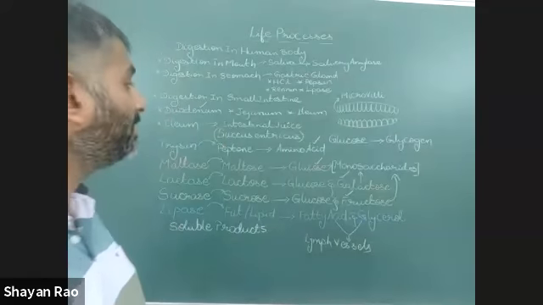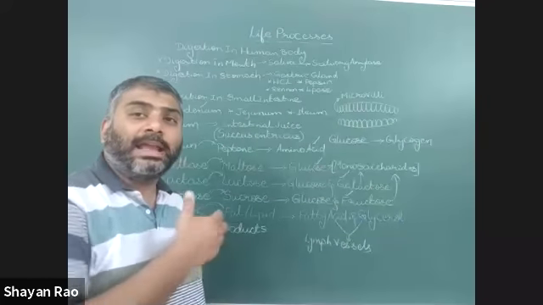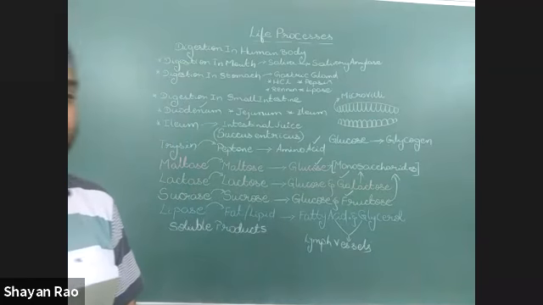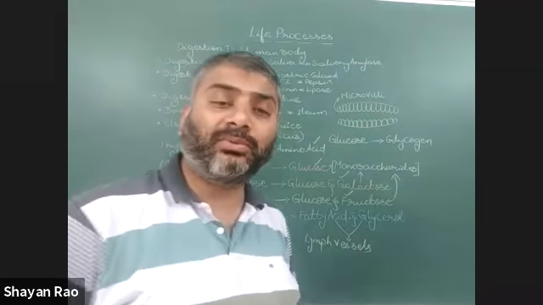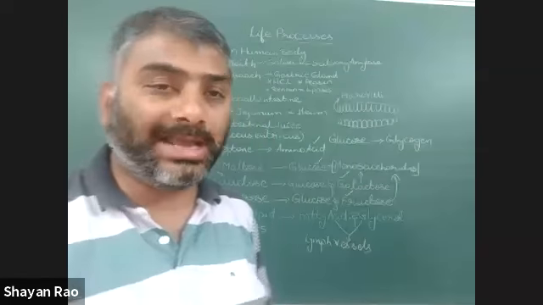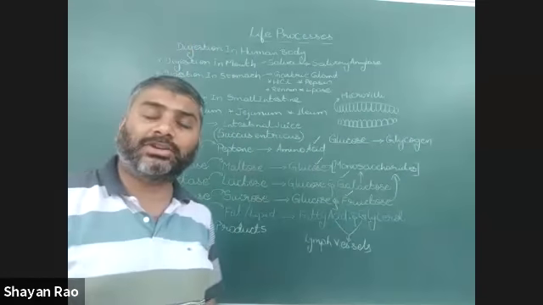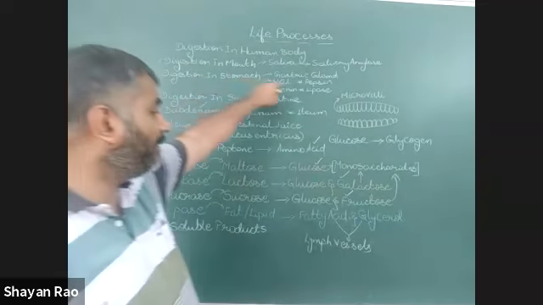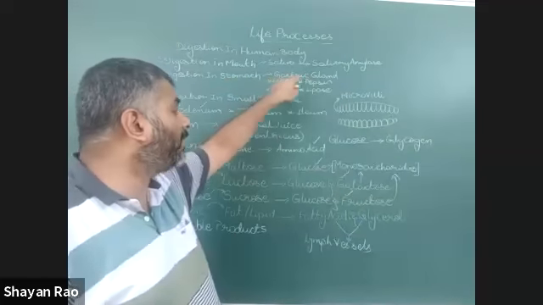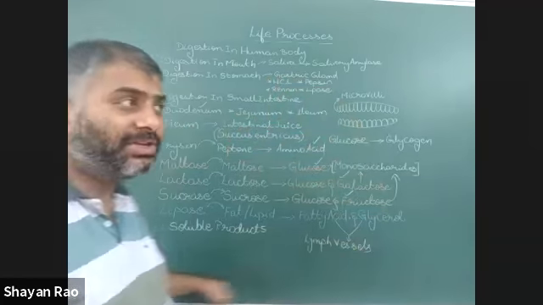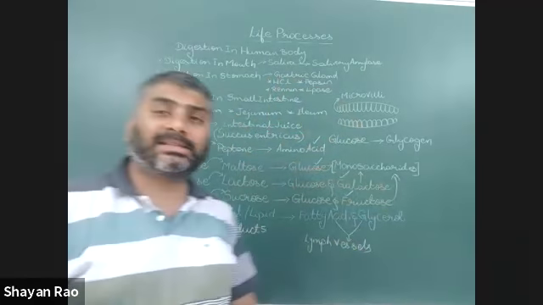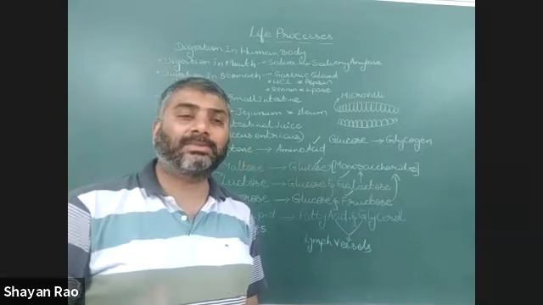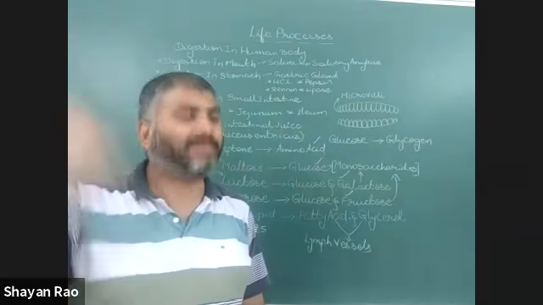Egestion is considered to be elimination of undigested food molecules. So how is elimination of undigested food molecules being done? After all this activity of digestion takes place, some amount of food still remains, which is not completely digested.